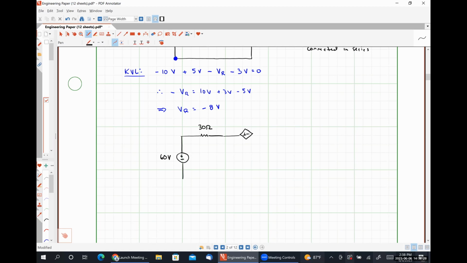Let's make this, sorry, I should put that second thing vertically so it's easier to see. Let's make this 4 Vx. Let's have a 15-ohm resistor here, and I'm going to define Vx as the voltage drop across the 15-ohm resistor with the positive polarity terminal on bottom.